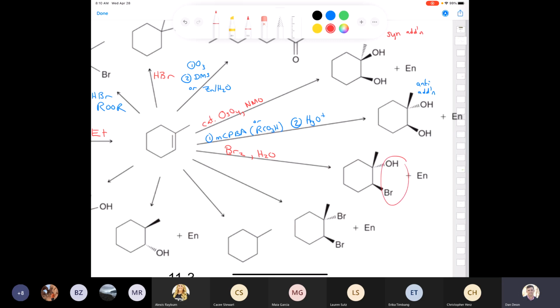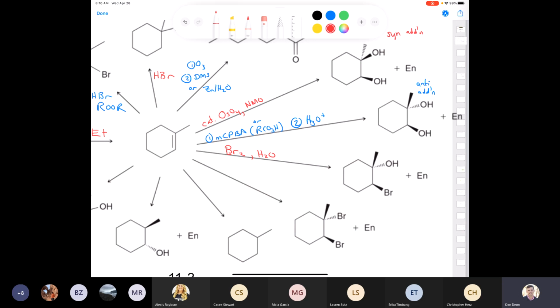That's why we get the anti-addition. And the water is going to attack at the most sterically hindered carbon. And we went over why that is. It's because it's going to be more comfortable, if you will, or more stable with the partial carbocationic character that is a result of the transition state of the nucleophilic attack of the water on the bromonium ion.